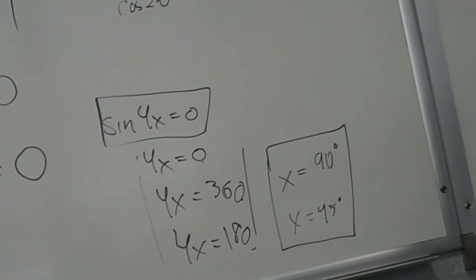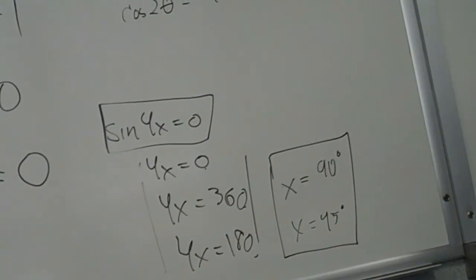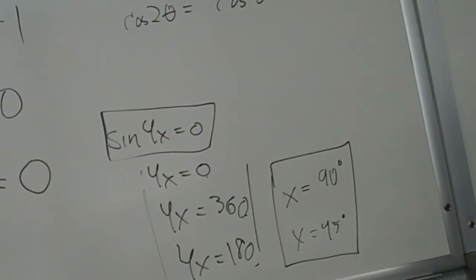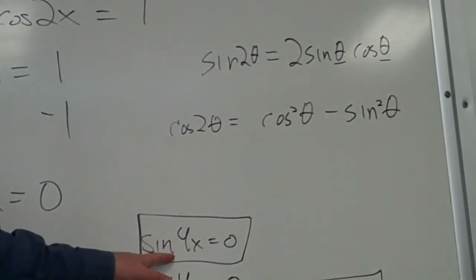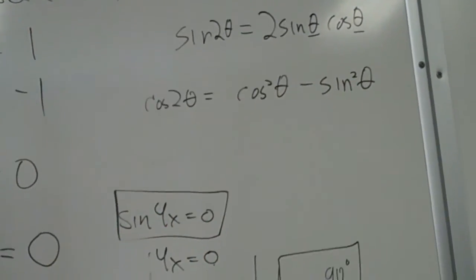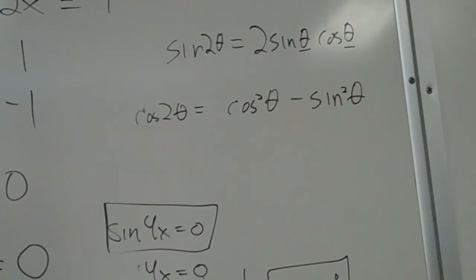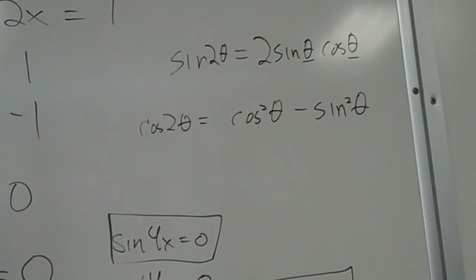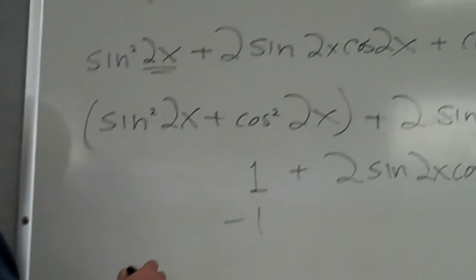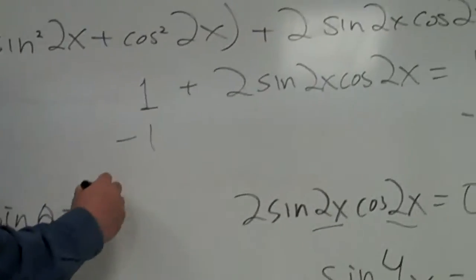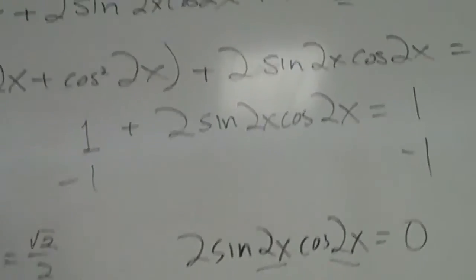Can you do the tangent? Wait, how do you get 4x equals 360 to 4x equals 180? Here I just ask myself a question: when does sine equal 0? And then I go to my chart. It's like if I said, Eli, when does the sine of theta equal square root of 2 over 2?